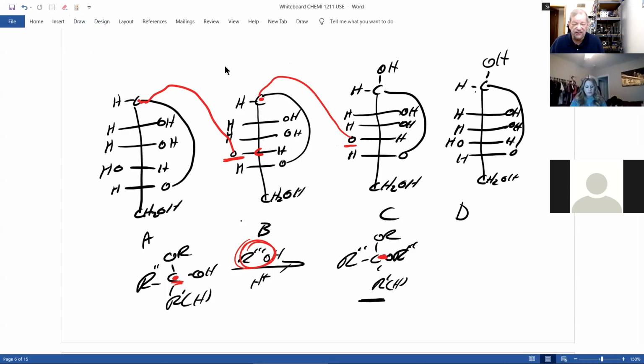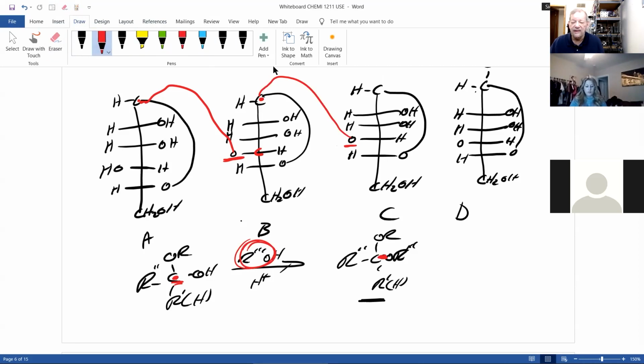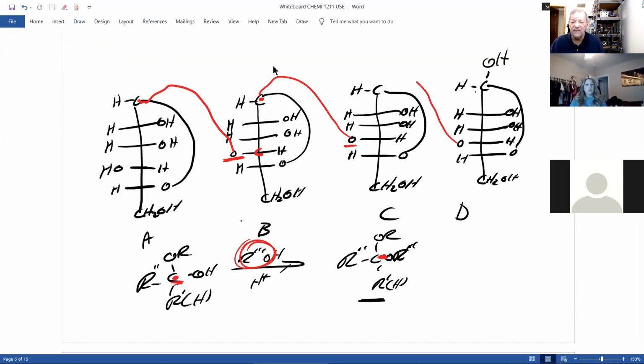Now, if I look at C, it can react with D to do the same thing. That same alcohol can react and form a bond between itself and that carbon. Again, forming this bond. And notice I've linked glucose molecules together in a polymer.